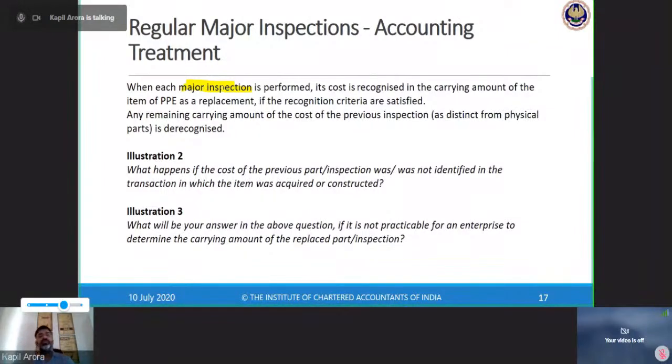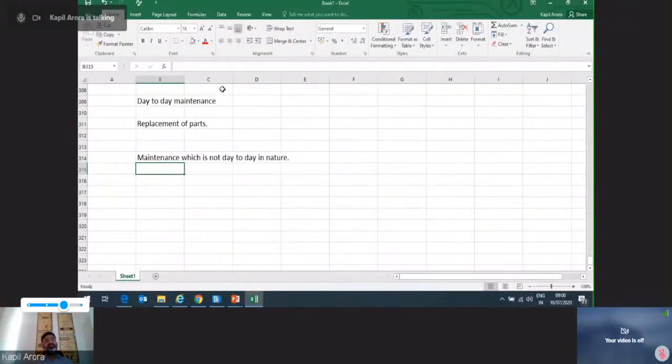So, moving on to the next part where I said that maintenance is not day-to-day maintenance. It is major maintenance.